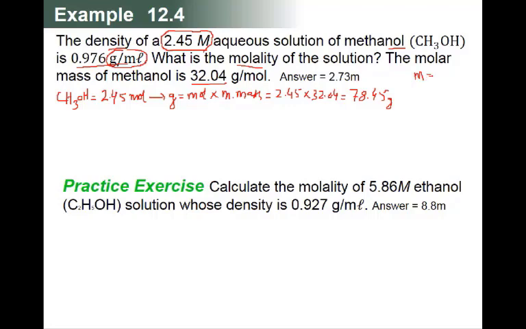So molality is moles divided by kilogram of solvent. Solvent is water here, so we say H2O. So this is our final formula. So we need the kilogram of water. We have the moles of methanol, but we don't have the kilogram of water. So calculate the kilogram of water.